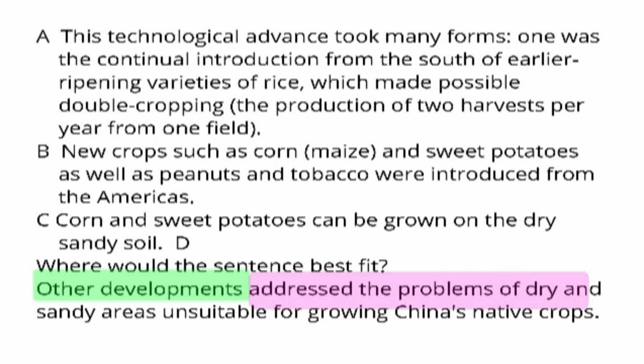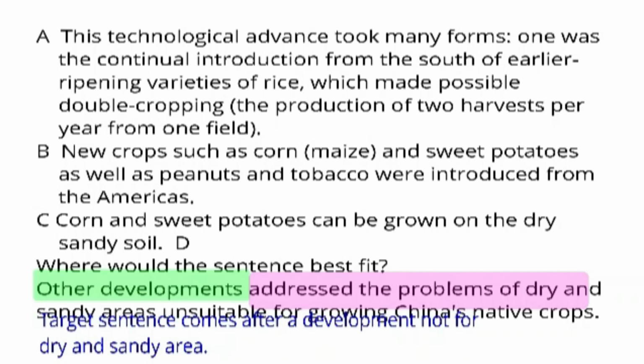The other clue is that the other development relates to farming in dry and sandy areas. So the sentence that follows the target sentence must talk about some examples that talk about this development. So the target sentence should come after some type of development and before the development relating to farming in dry and sandy areas. With this information, let's look at the passage.